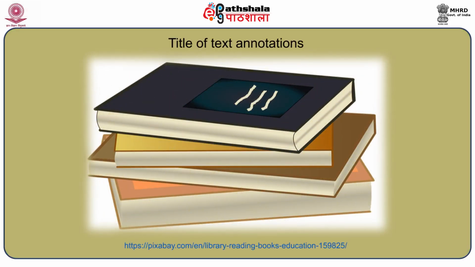The next part is title of text annotation. Once the subject area is identified, we need to give the title of the text. That is another important part. Suppose you come across a book which has, say, 4 or 5 words as its title. It's very difficult to represent the entire title of the book in the text file name.